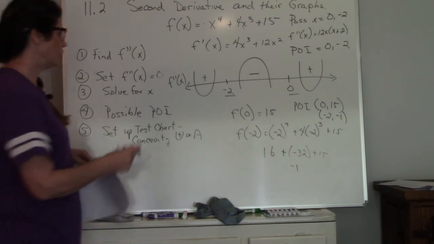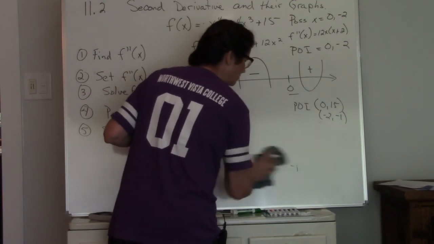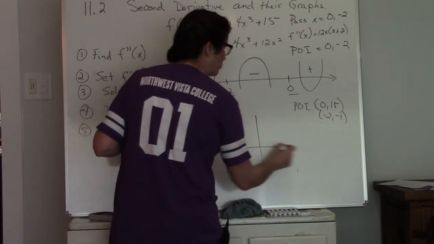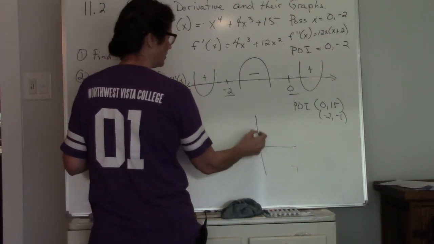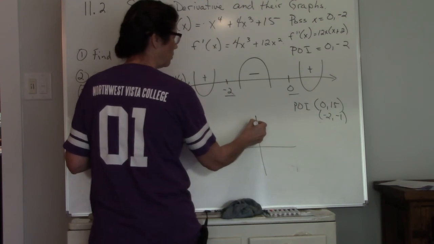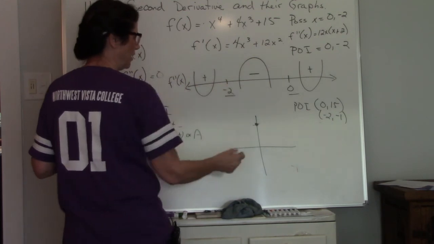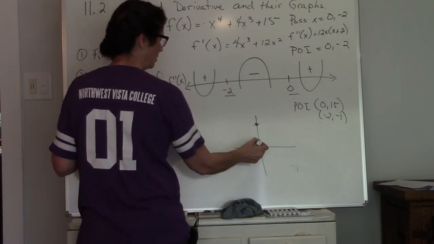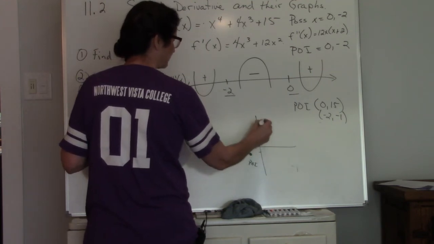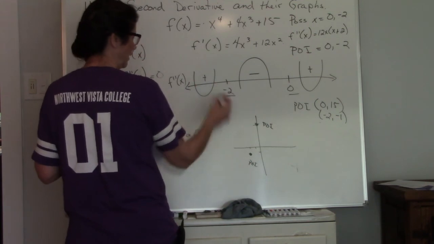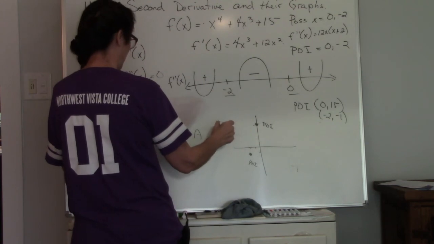So my other POI is at (-2, -1). So what this tells me is, if I were to graph this, let me show you a quick little sketch. Remember, we're just sketching. We don't have accurate values yet. At (0, 15), there's one where it changes. It goes from down to up. And then at (-2, -1), this is also a POI. Something's going on here where it's curving up, then down.